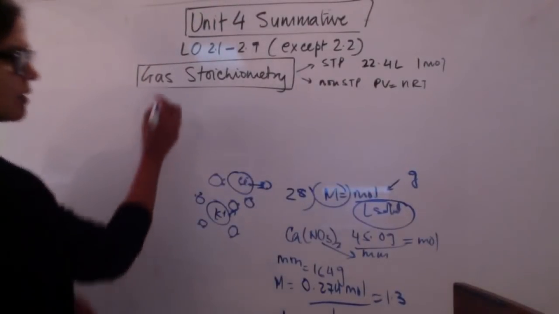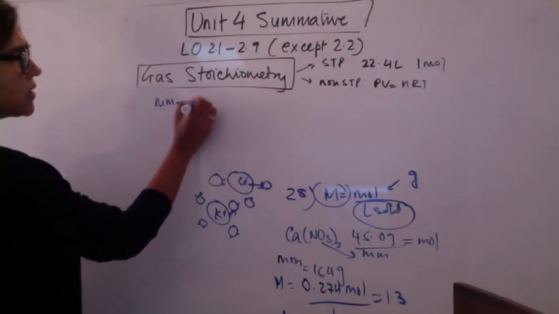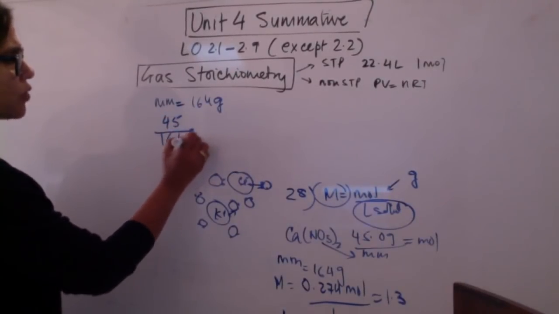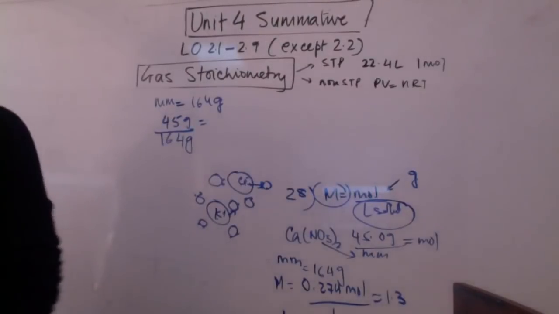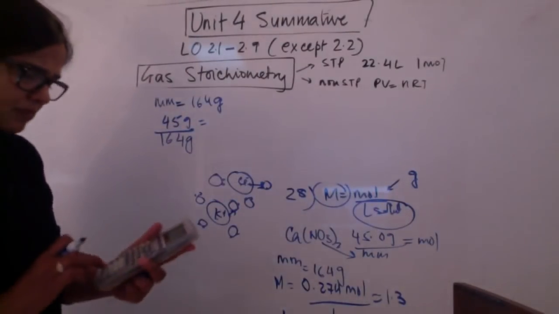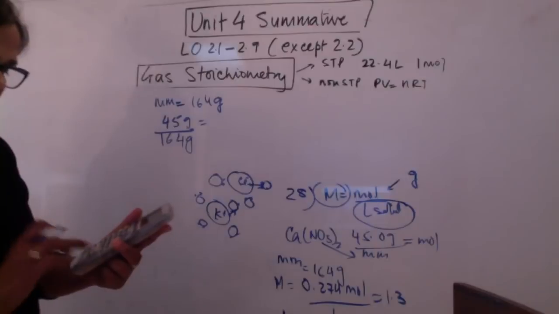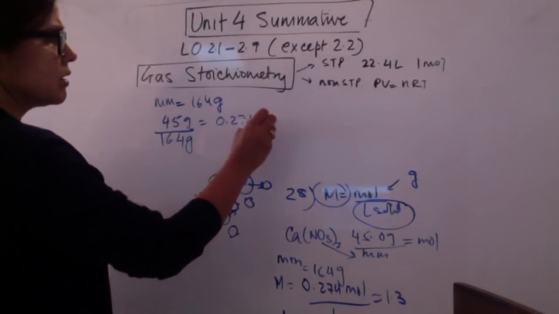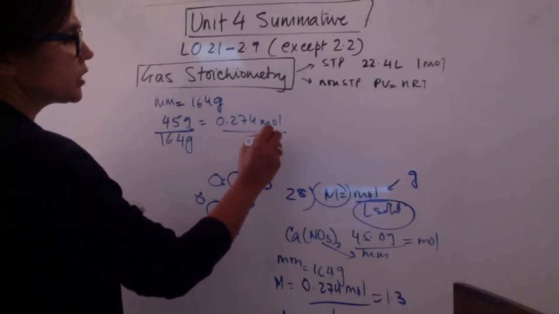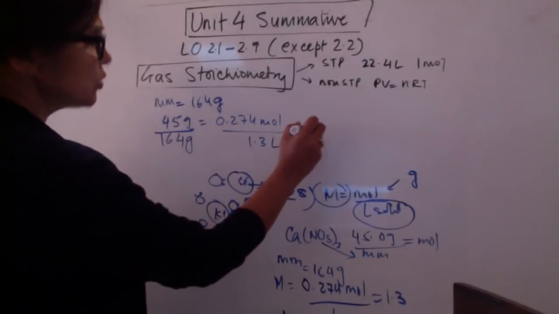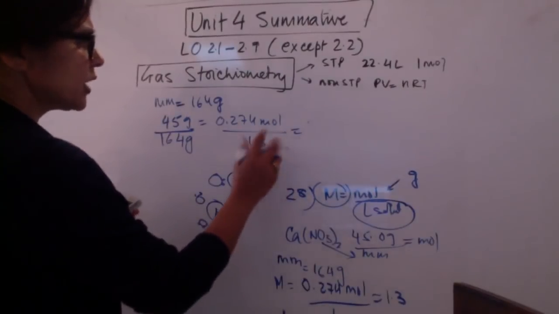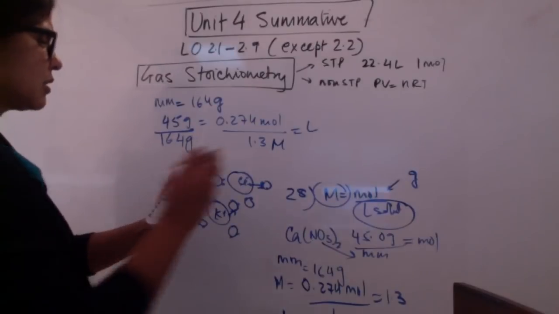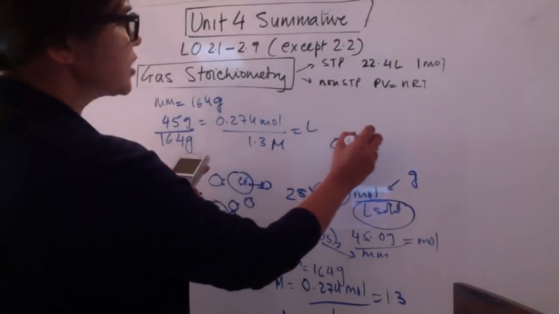Okay. So molar mass is 164 grams and 45 divided by 164 grams is how much? Yes, 0.274 divided by 1.3 liters is equal to 0.211, yeah, so it is 210.